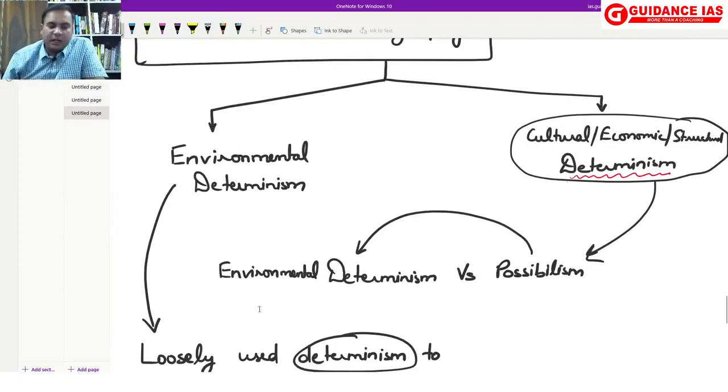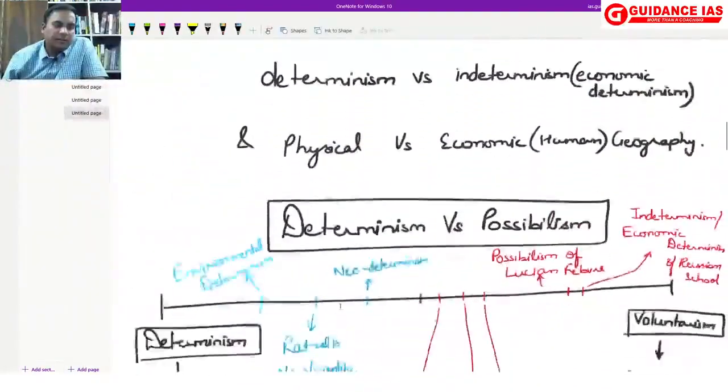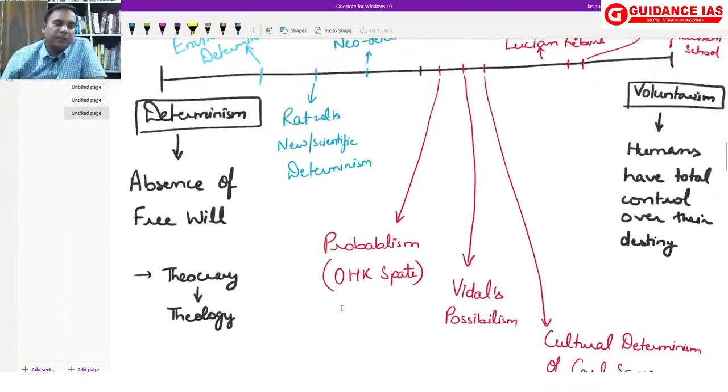Why in this chart which I made here, I was talking about economic determinism, cultural determinism, but I was putting it on the side of possibilism, voluntarism side. Can you get now? And I hope with this you'll not be confused when you are reading.